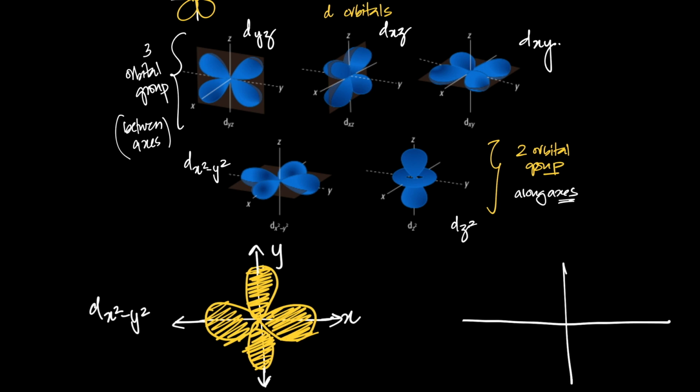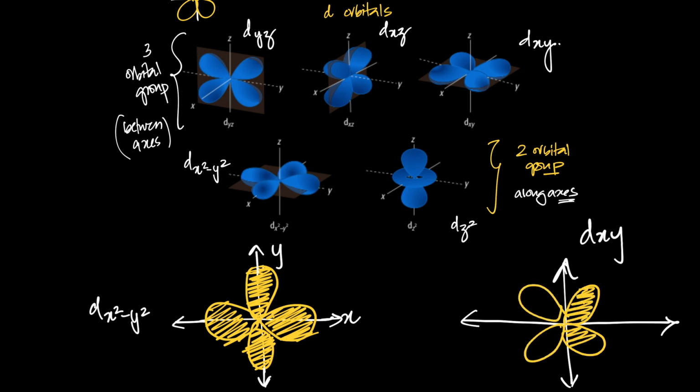Now the next one I'm drawing, this one is called dxy. And how this is different is, imagine you have this thing rotated clockwise by 45 degrees. So all these four lobes are now going to be found between the axes like this.